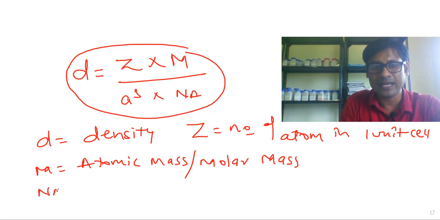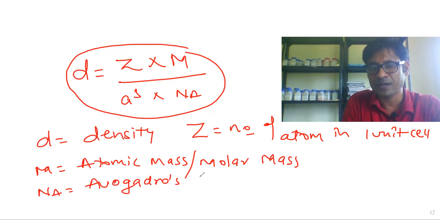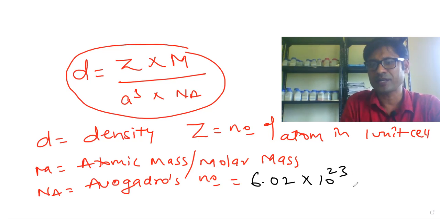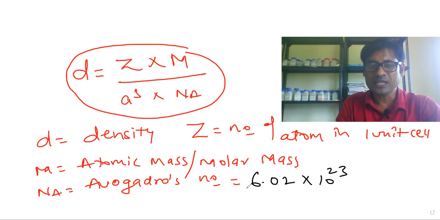And Na is Avogadro's number, and its value is fixed, and its value is 6.02 into 10 to the power 23. So this is the final formula of the density. Clear?